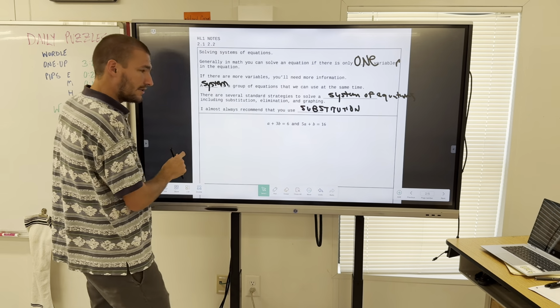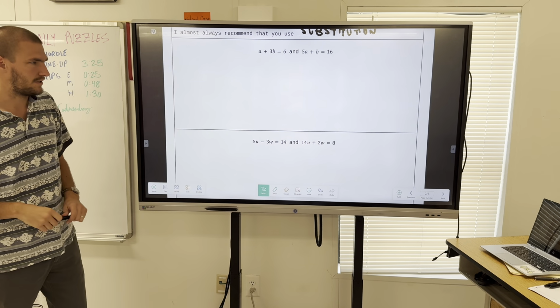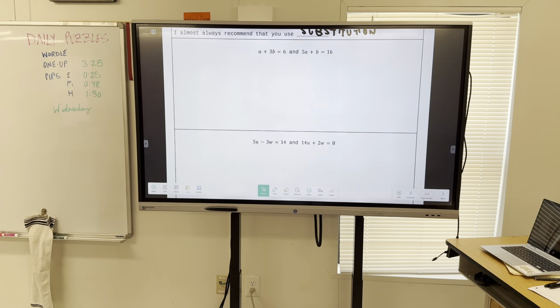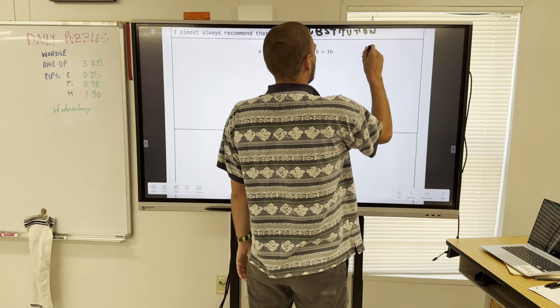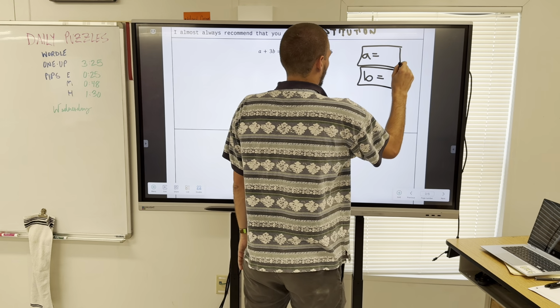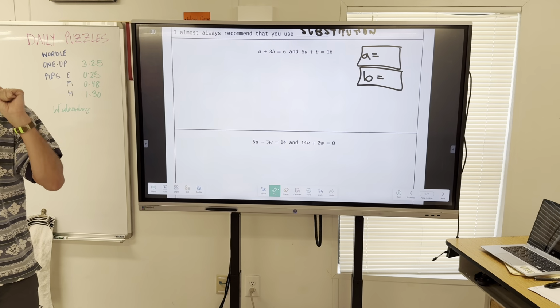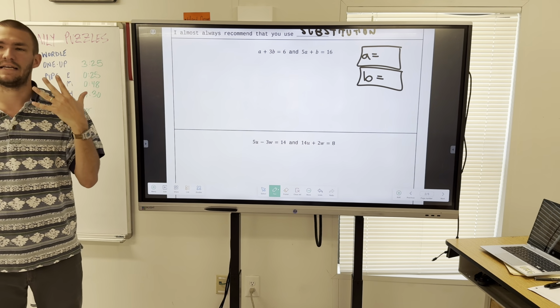And you already know how to do this, and there is nothing new here, I promise. So here we go, we have a question. A plus 3b equals 6, and 5a plus b equals 16, and I need to know what is A and what is B. I need a value for A and a value for B that will not only be true for one equation, but will be true for both equations at the same time.